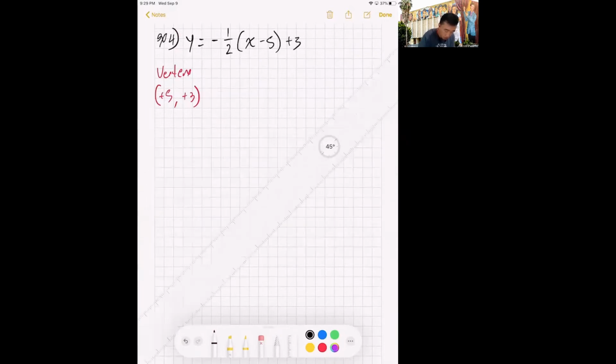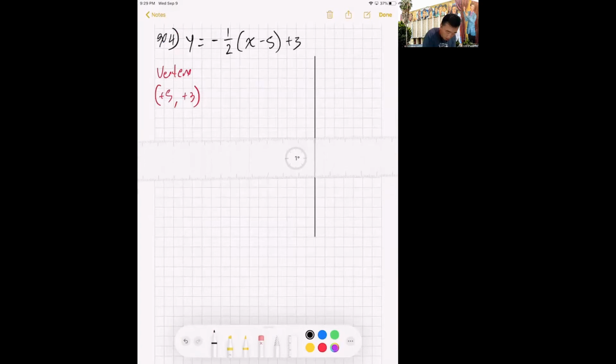So then let me just go ahead and take care of this, because I think it's going to be that. Okay. So let me go ahead and find the vertex. Positive 5, 1, 2, 3, 4, 5. Positive 3, 1, 2, 3. Ugh, I made it too much on the edge.